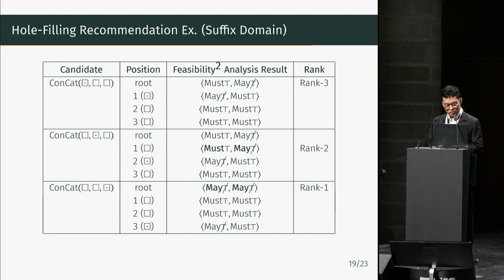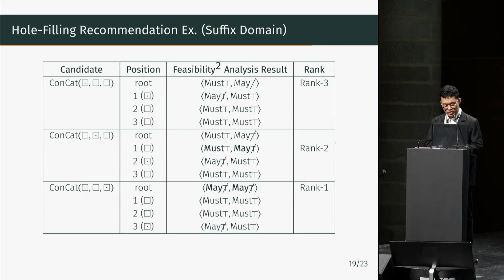The first one has no rank 1 or rank 2 evidence, so it results in rank 3. The middle one has rank 2 evidence, at the hole position, so we result this one as rank 2. And the last one, which is filling from the right, is rank 1 because it has the rank 1 evidence.